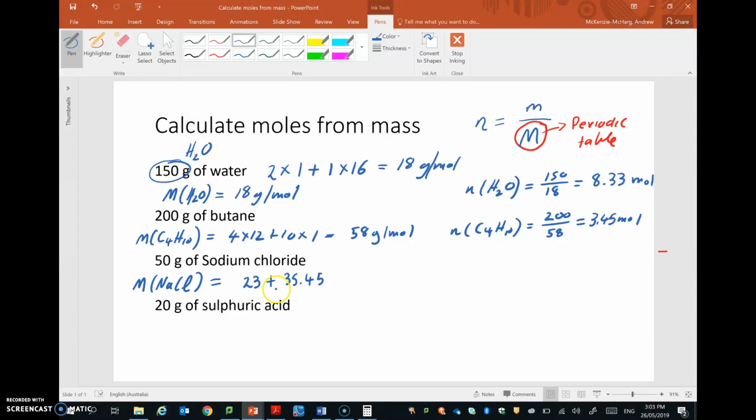I'll just try and do that in my head. 58.45 grams per mole. Okay, so then we take our 50 grams. So the number of moles of NaCl: we have 50 grams divided by the molecular mass, 58.45.